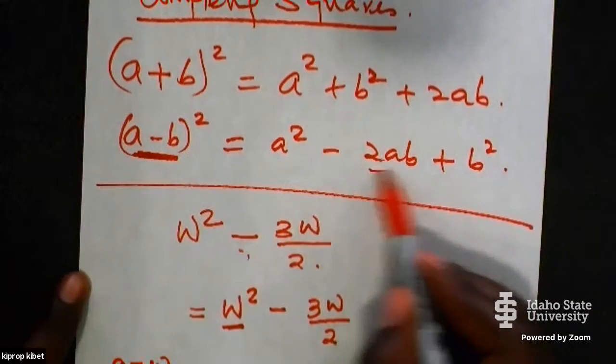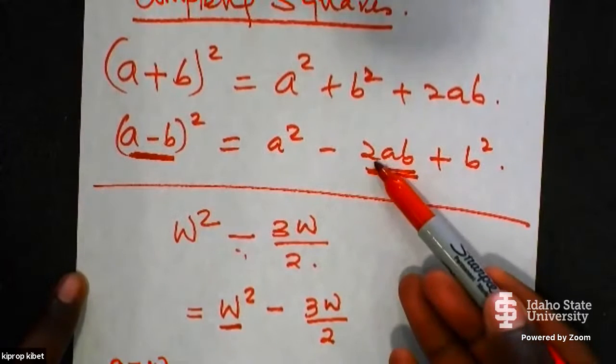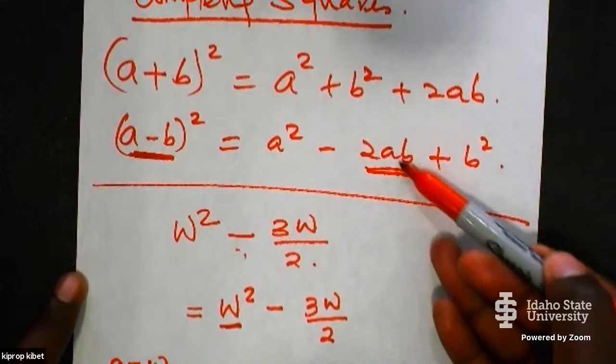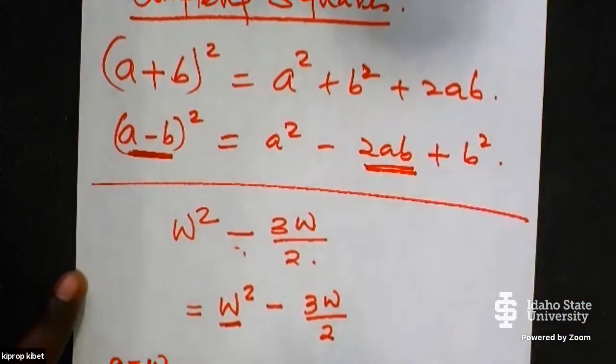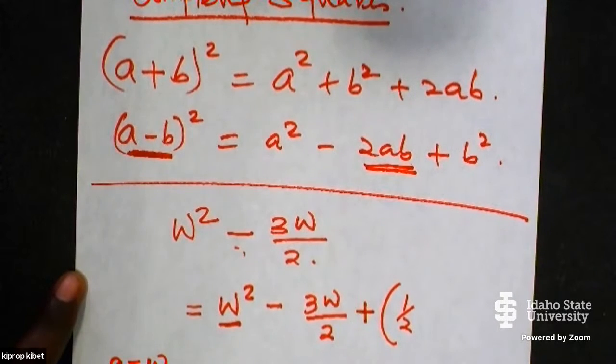Now, looking at here, because this is 2ab, our b will be plus 1 all over 2, like the one for 6 that we were doing last week.